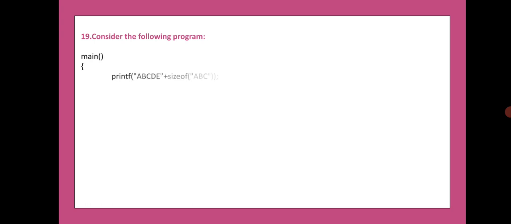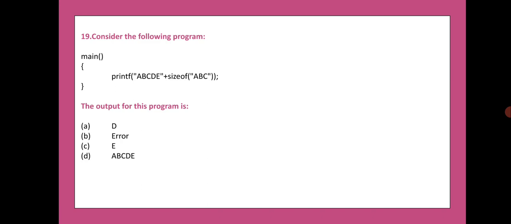Consider the following program with printf("abcde" + sizeof("abc")). What would be the output of this program? A, d. B, error. C, e. D, abcde. We have the string "abc", right? The string "abc" will have 4 bytes, that is a, b, c, and \0. So sizeof("abc") yields 4.